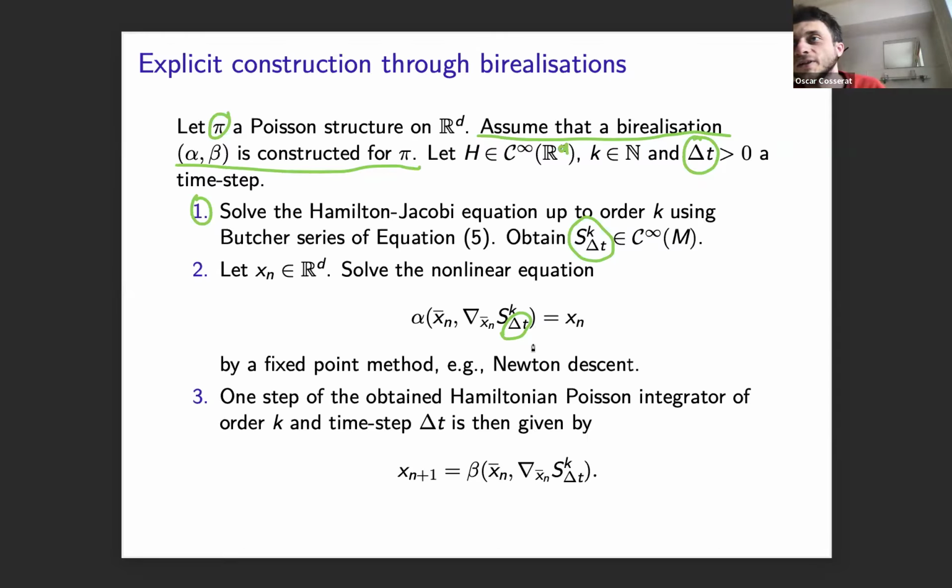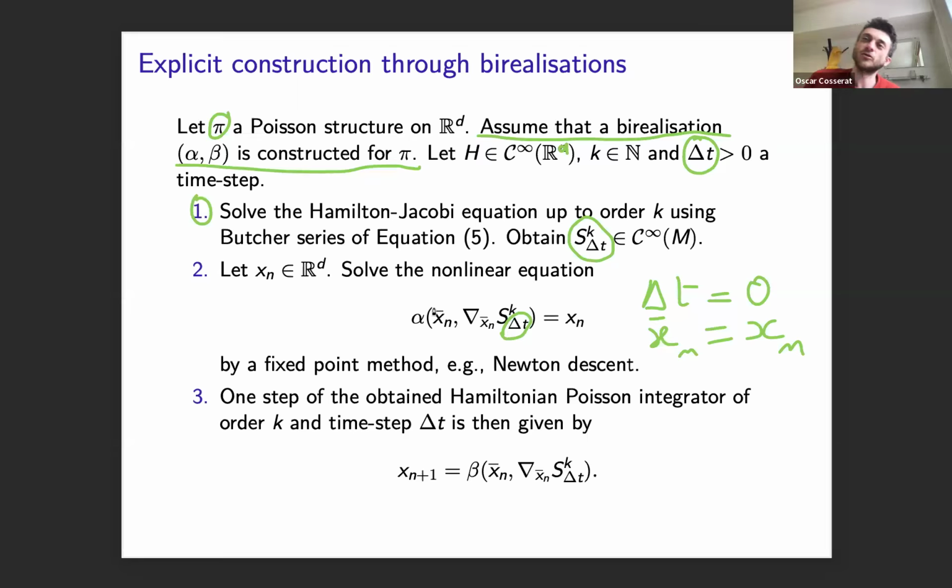So in particular, for delta t equals 0, remember that S_0 equals 0 and alpha at the 0 section is the identity. So if delta t equals 0, then what you get for x_n bar is x_n. This is one of the points of this equation.